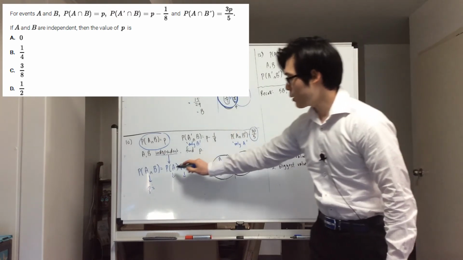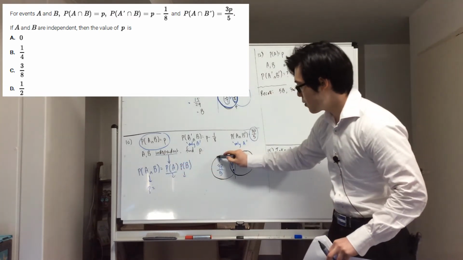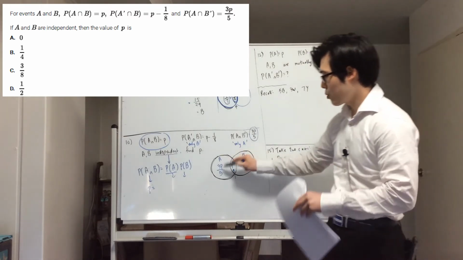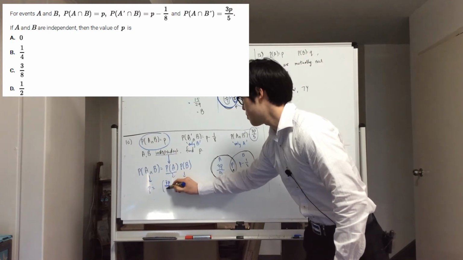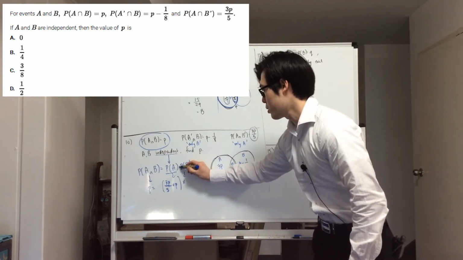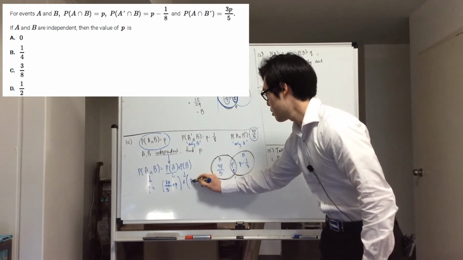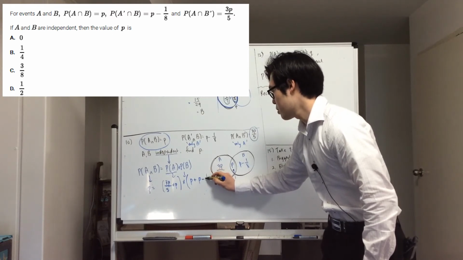If I wanted to find the number for A, remember that's all of the terms under A, which means 3P over 5 plus P. And similarly, remember these are multiplied, so P of B would be that plus that, plus P minus 1 over 8.